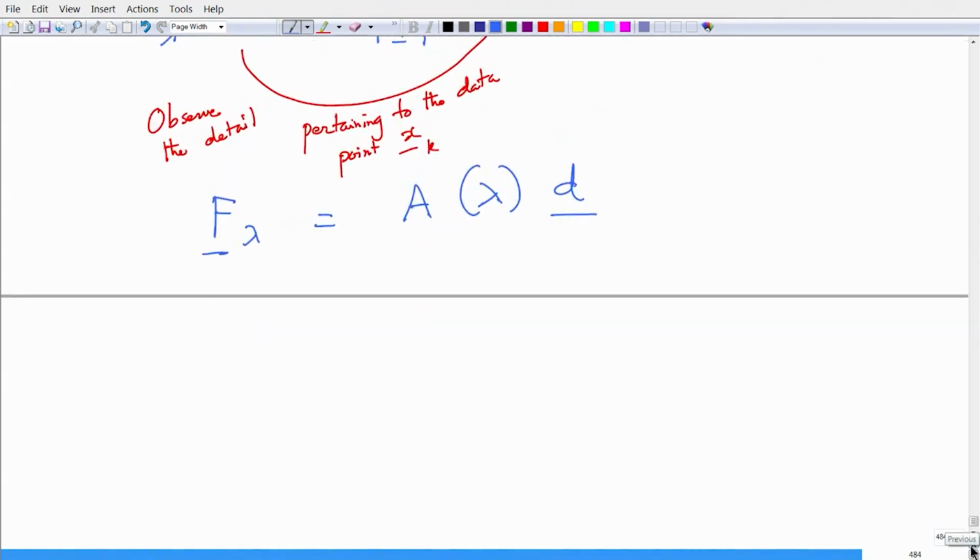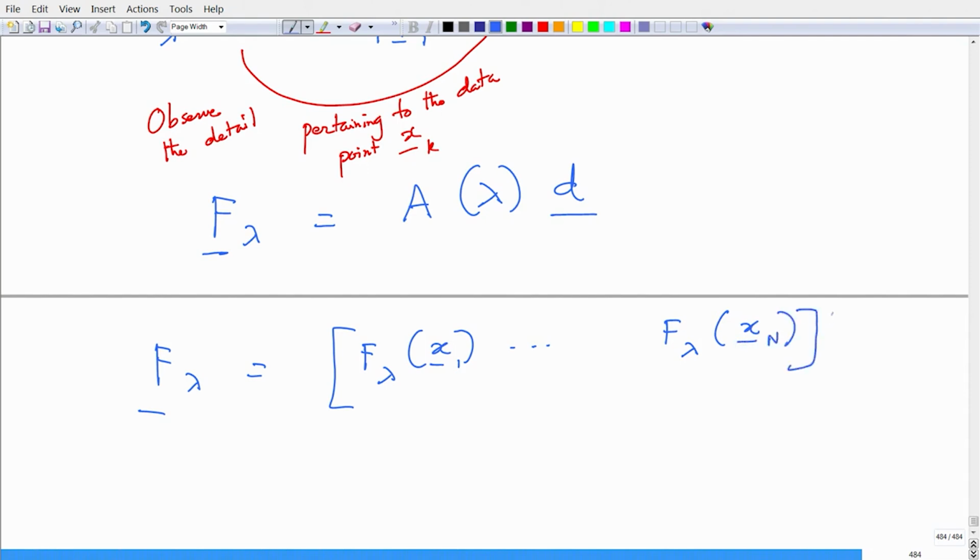F lambda is F lambda evaluated at x_1 up to the data point x_N. This is a column vector of size N by 1.